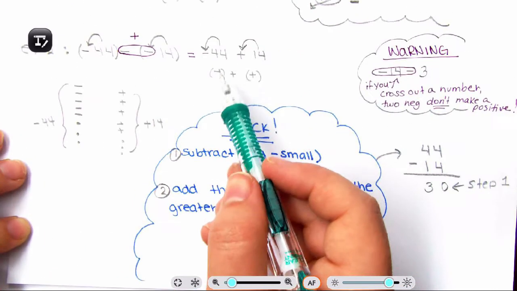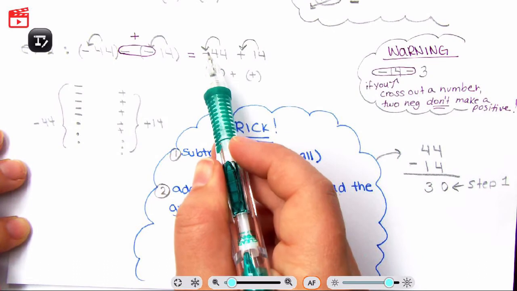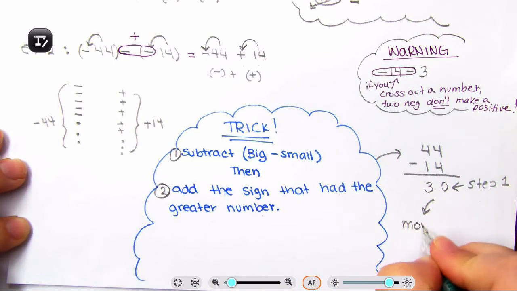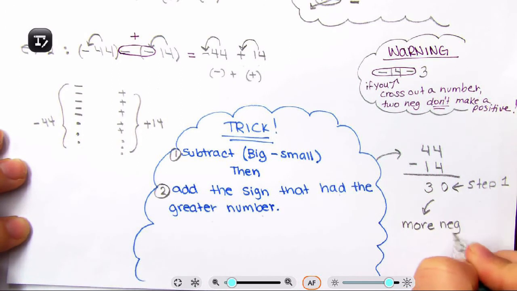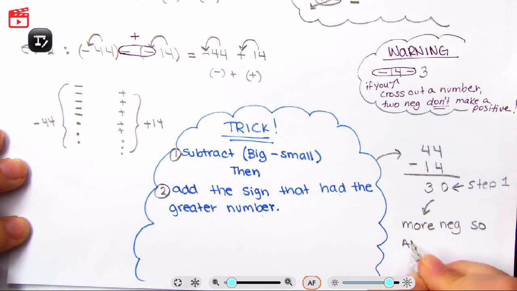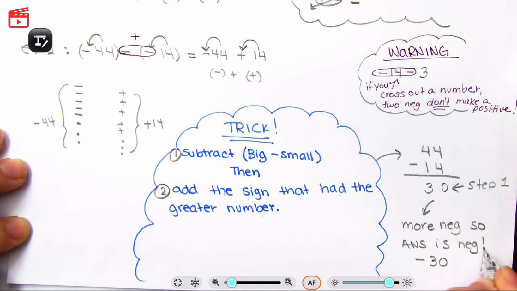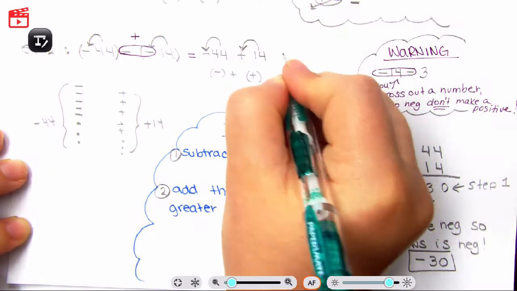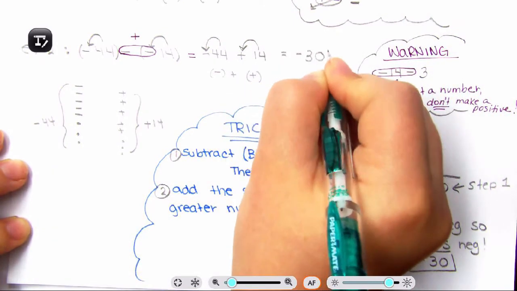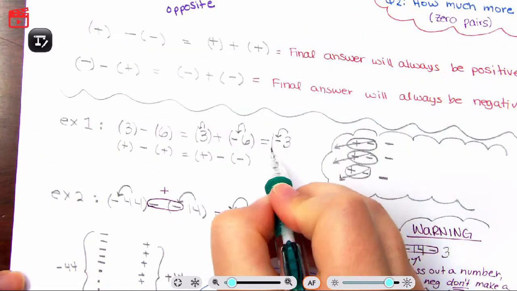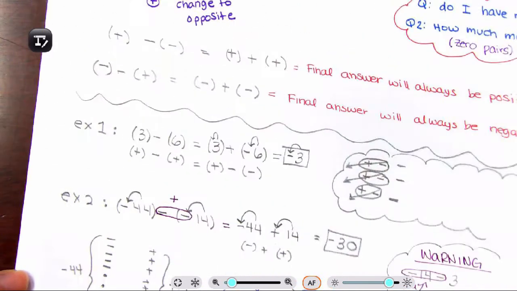We already discussed that we have more negatives and less positives. So we have more negatives. So our answer is negative 30. You want to put your answers in a box so it's easier for the teacher to see what your answers are.